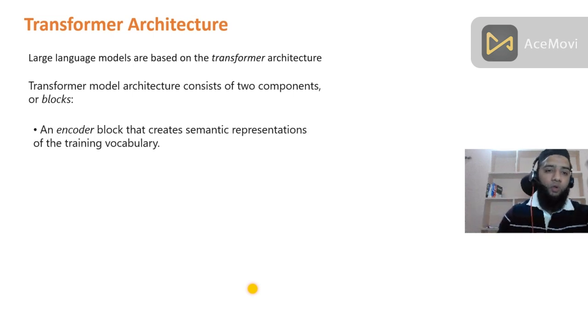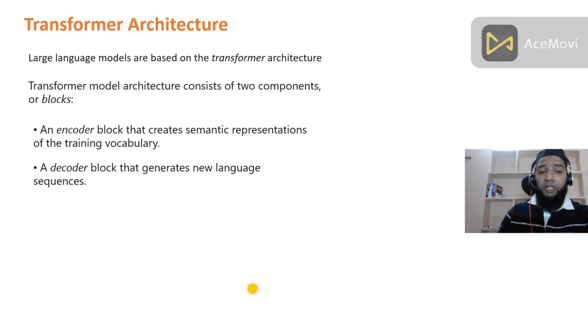One is the encoder block that creates a semantic representation of the training vocabulary. You feed in text while training, and when you give a huge amount of text to your LLM, it creates that semantic, linguistic representation. And then there is a decoder block that generates new language sequences.